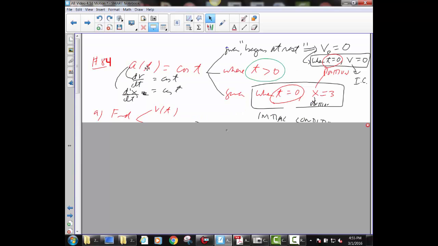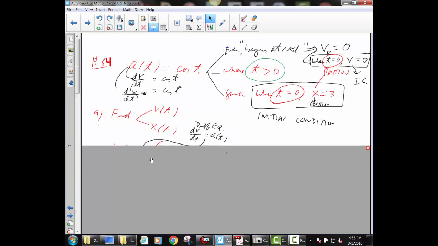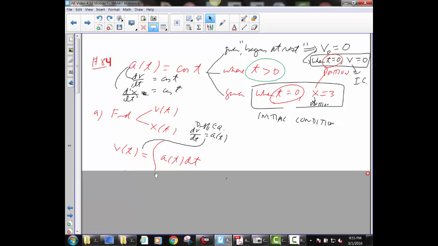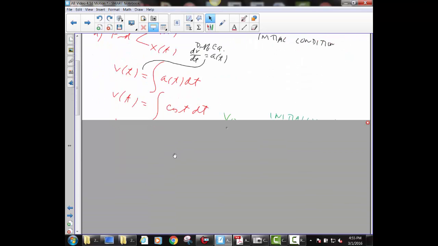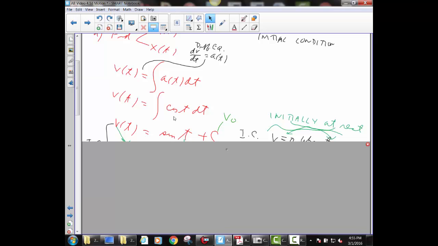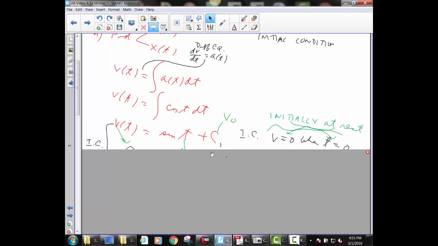Remember, we were given the acceleration, so we're going to find the velocity by taking the antiderivative of the acceleration. Again, remember that the acceleration is the derivative of the velocity, so the velocity is the antiderivative of the acceleration. Now, they gave you the acceleration as cosine t dt. When you integrate cosine t dt, you get sine t plus c1, we'll call it, but really let's find out what that c1 is.